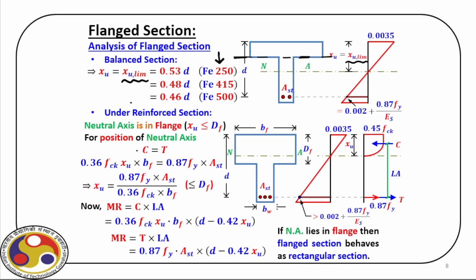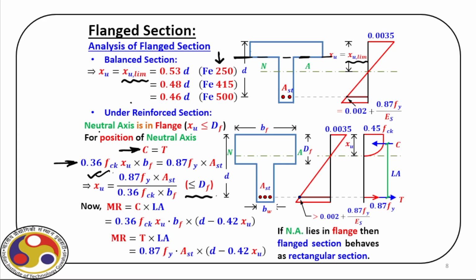For that, first what we do, we find out the position of the neutral axis. For that, we equate C with T, and this expression we are familiar with. It comes from the singly reinforced beam design, and we can find out XU. It has to be less than DF or this XU limit, because then only we can apply this theory.